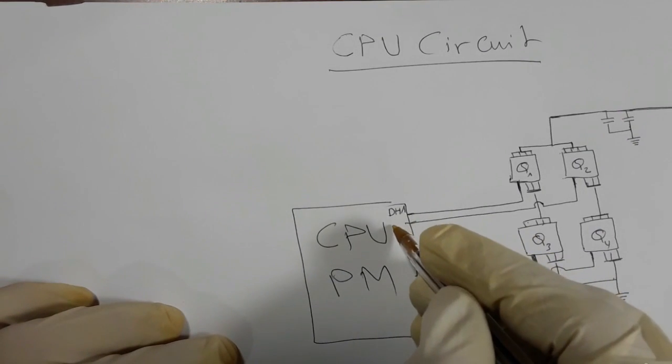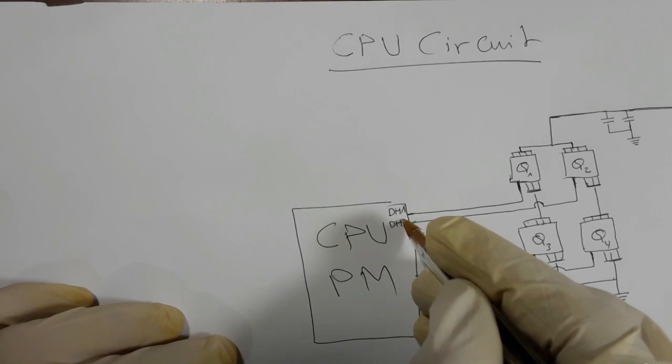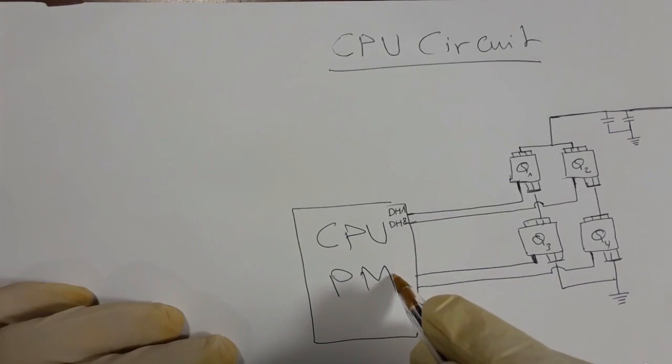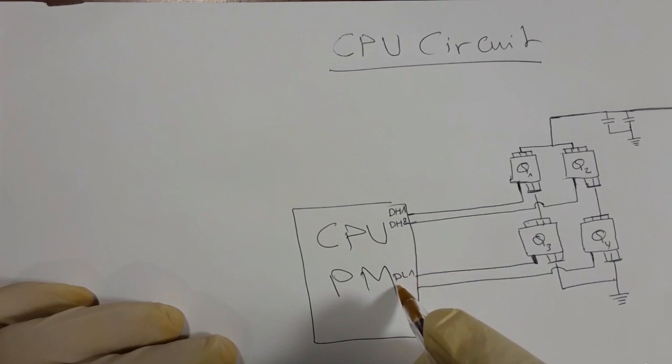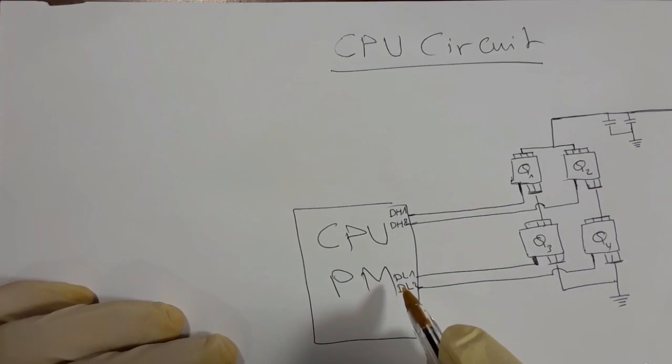And here DH2, drive high 2. Here we have DL1 and DL2, drive low 1 and drive low 2.